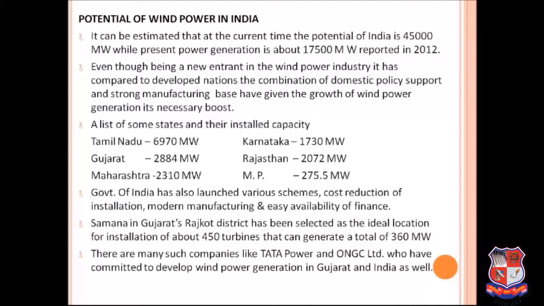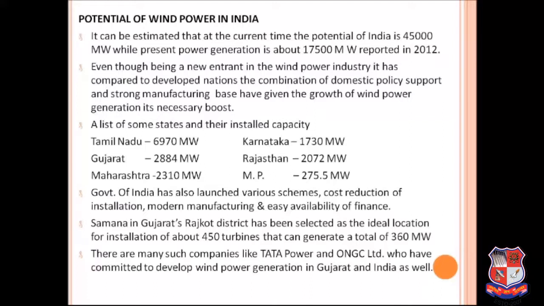Tamil Nadu, which has a capacity of 6,970 megawatts. Gujarat has a capacity of 2,884 megawatts. Maharashtra 2,310, and so on. The Government of India has launched various schemes: cost reduction of installation, modern manufacturing, and easy availability of finance.